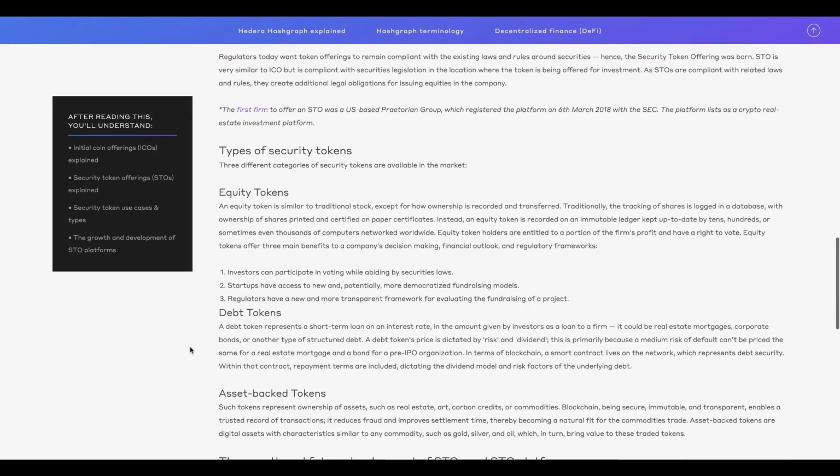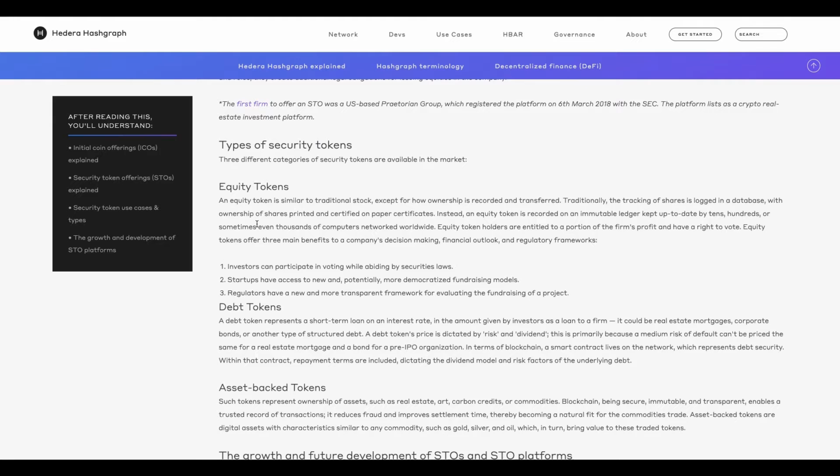And then they have different types of tokens, equity tokens, similar to traditional stock, except for how ownership is recorded and transferred. So I would say this is similar to maybe, so investors can participate in voting. Startups have access to new, potentially more democratized fundraising models. Regulators have a new and more transparent framework for evaluating the fundraising of a project. And we get into debt tokens.